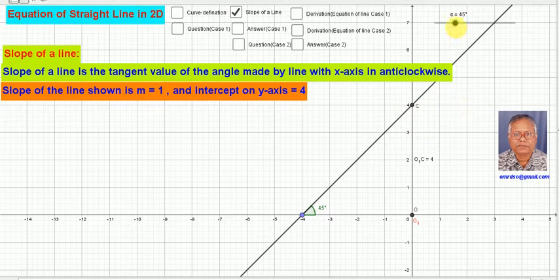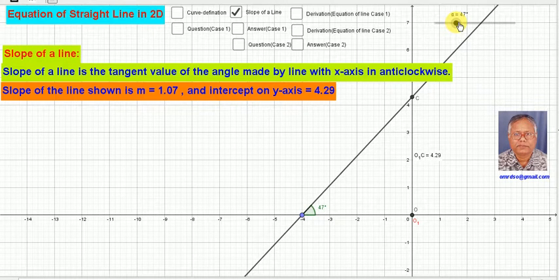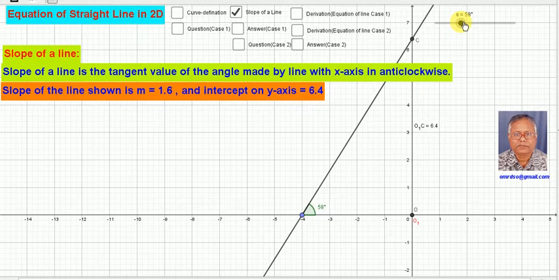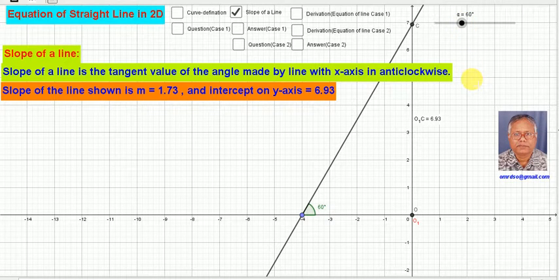In fact, I have already taken a variable angle, which will indicate how you can get, say, 58, 59, 60 degrees. In that case, this is the angle which it makes with the x-axis anticlockwise, and tan 60 is 1.73.